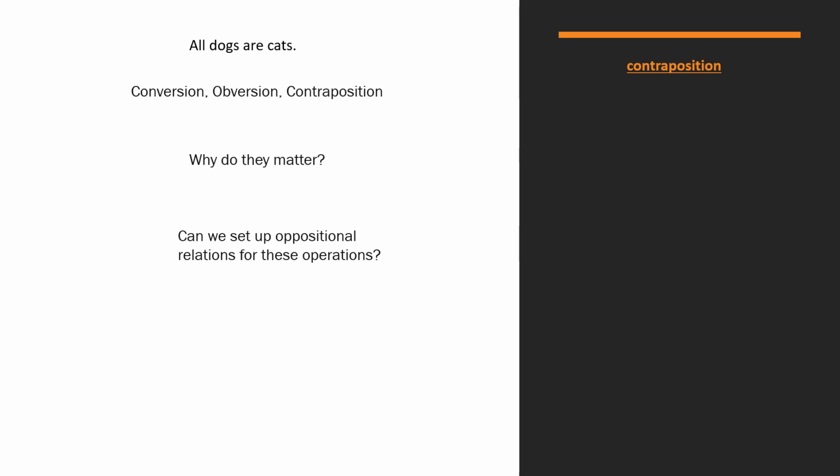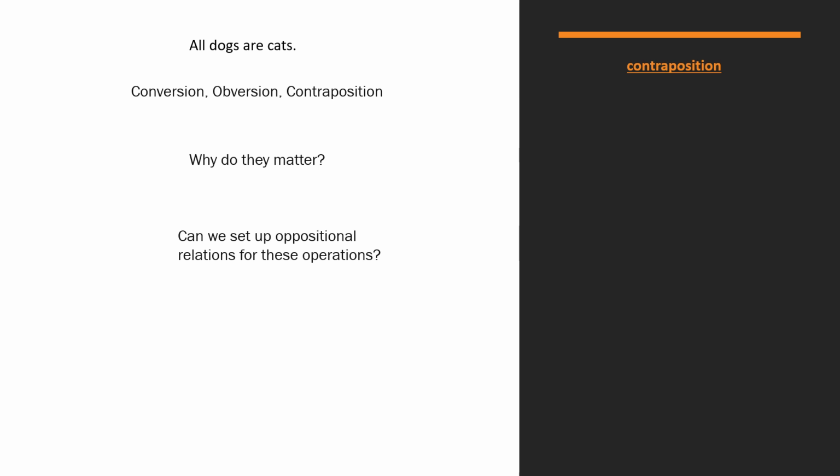Remember, you only have A and O. So if an A proposition is true, then its contrapositive is true. And if O is true, then the contrapositive is true. If it's false, then it's false, right?